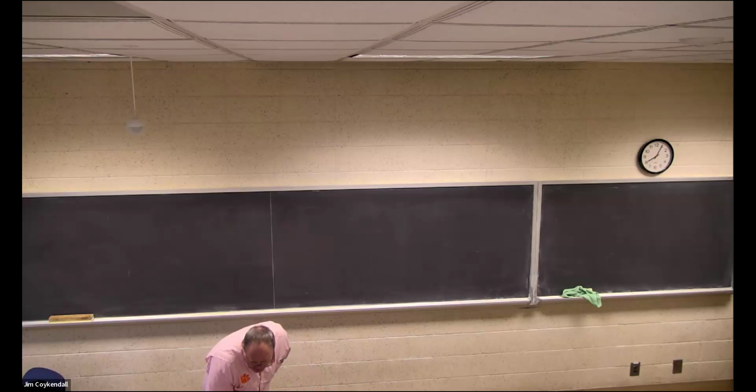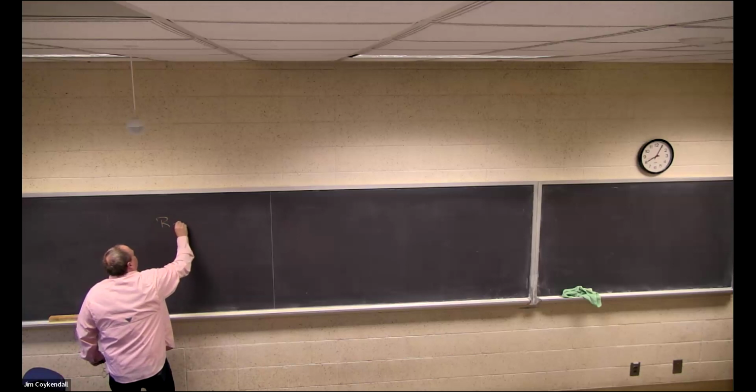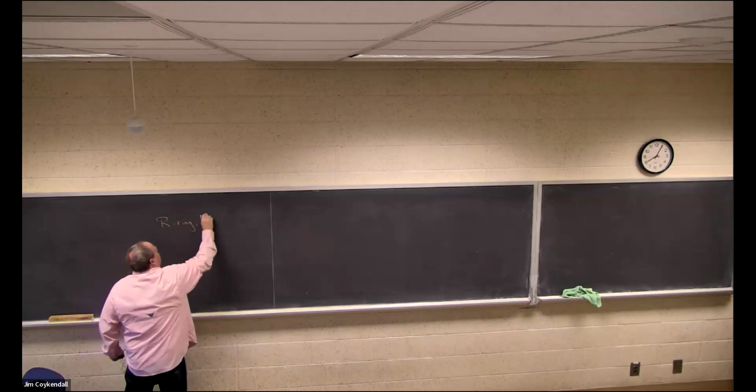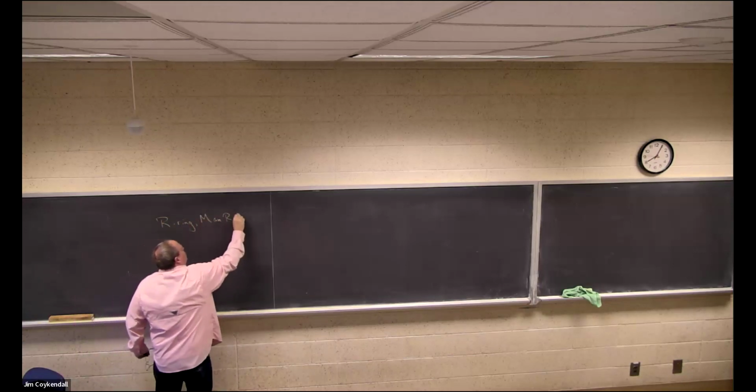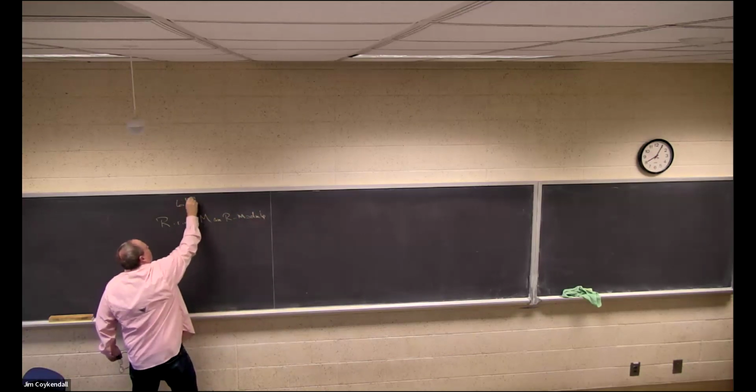Let's go through this. R is a ring, M is an R module. 6.19 again.